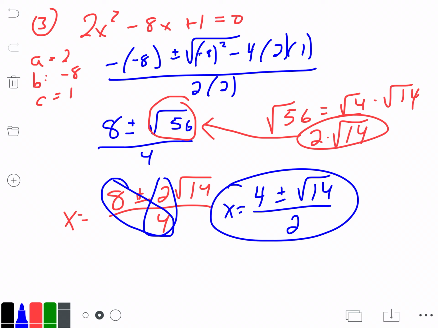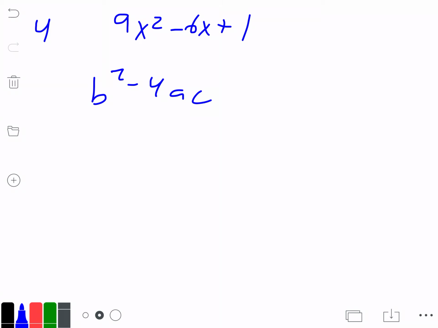Okay, so 4, 5, and 6 on page 605. This is just finding the number of real solutions. So remember, you're going to use your b² − 4ac. So 9x² − 6x + 1. Our a is 9, b is negative 6, c is 1.